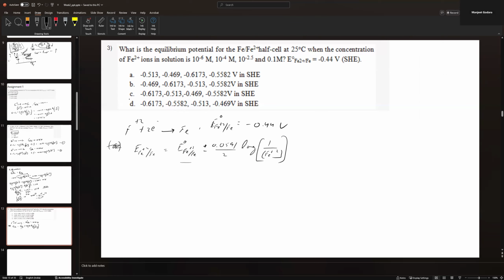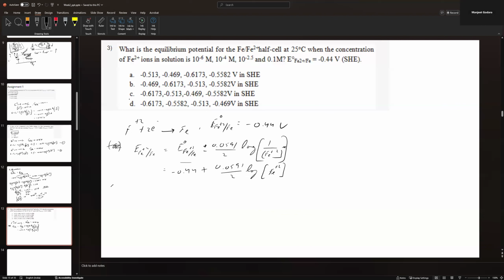This value you're given is -0.44. Fe2+ is to the power minus 1, so I take the minus 1 out, so this is plus 0.0591 divided by 2 log of Fe2+ concentration.